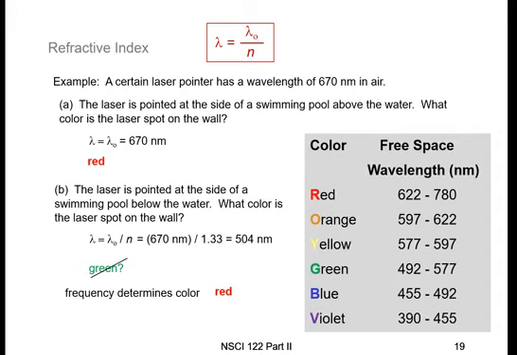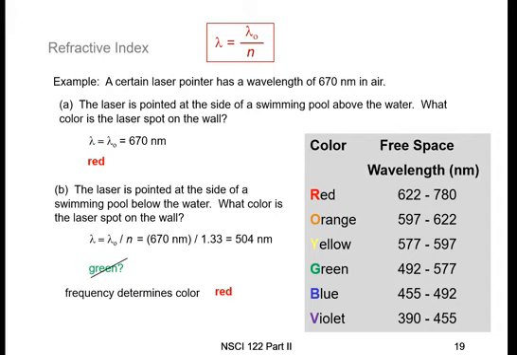It's the frequency of that signal that determines the color that we perceive. The frequency, remember, doesn't change, whether it's air or water. So this laser spot is going to still appear red, even though the wavelength of the light in the water is actually 504 nanometers.